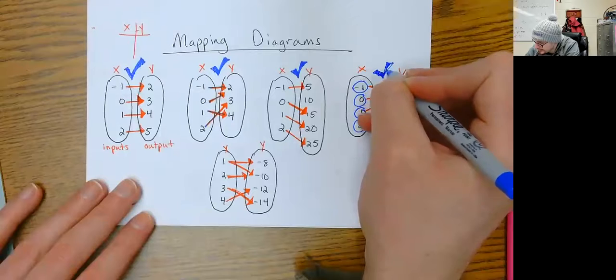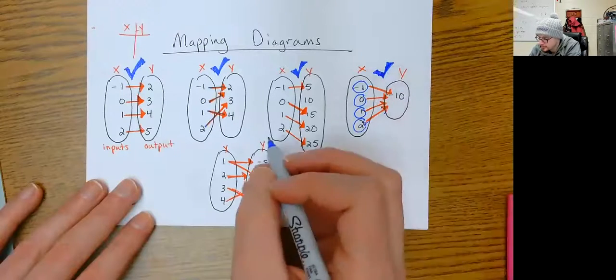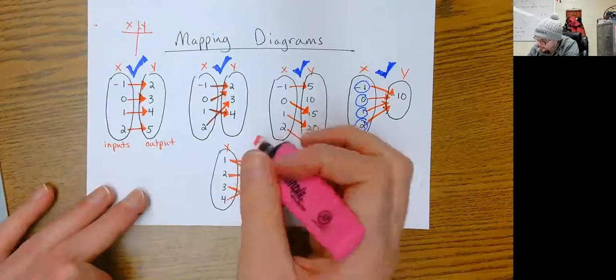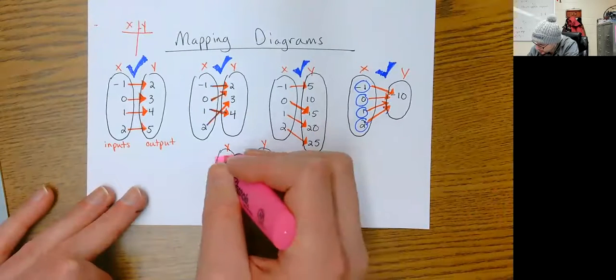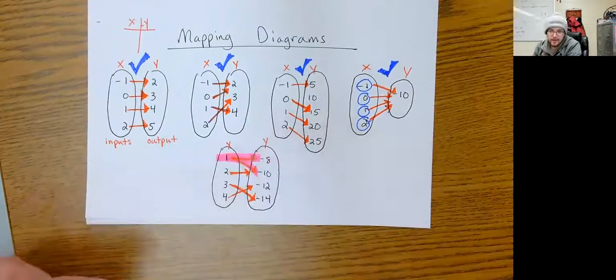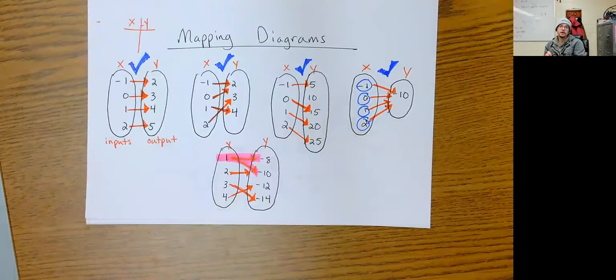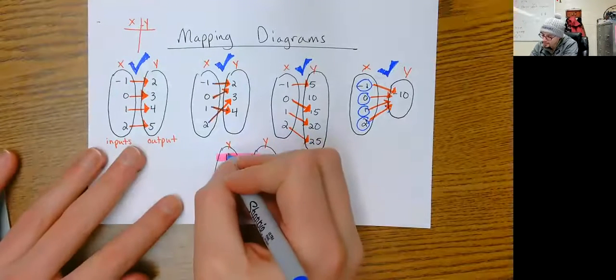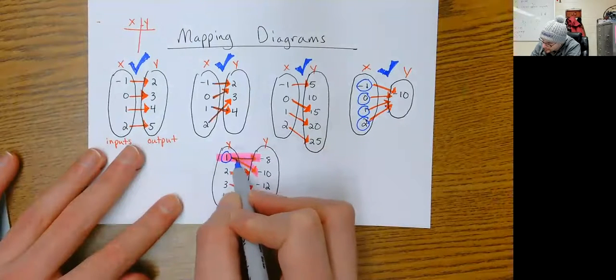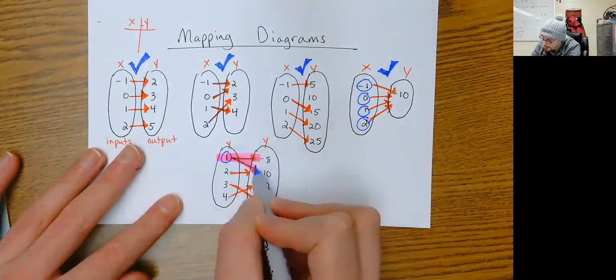Now this last example, you're going to see something that doesn't work. I'm going to highlight it. That does not work. This input of 1 maps to 2 different y values.